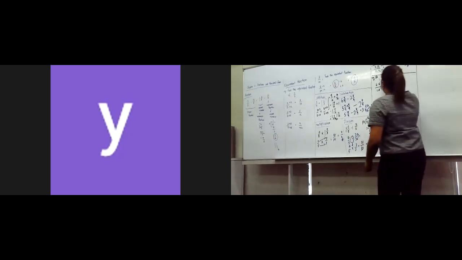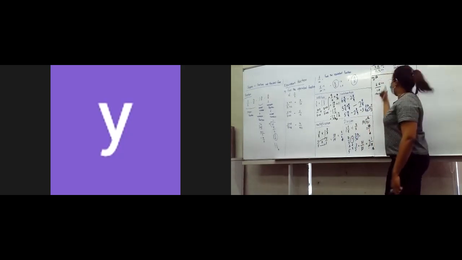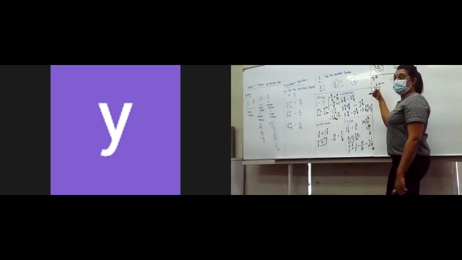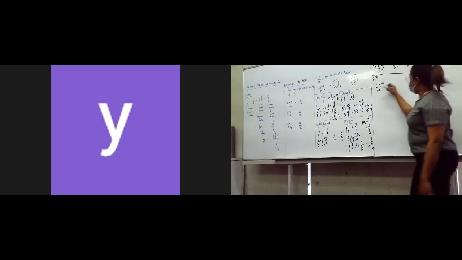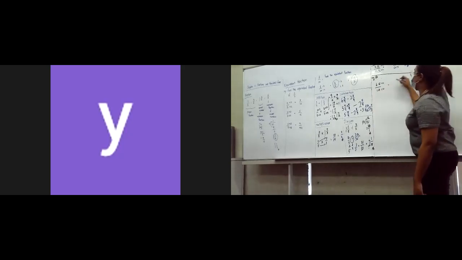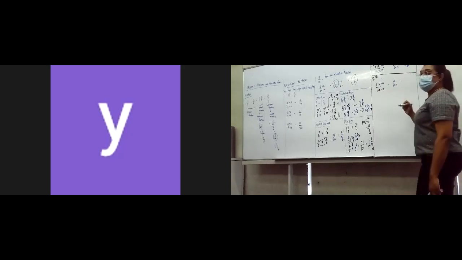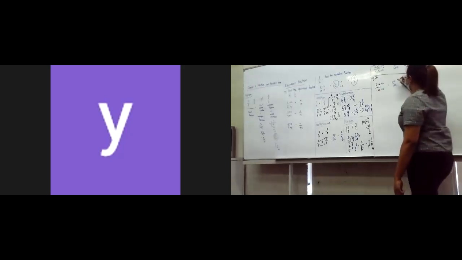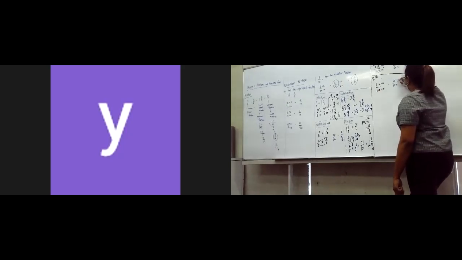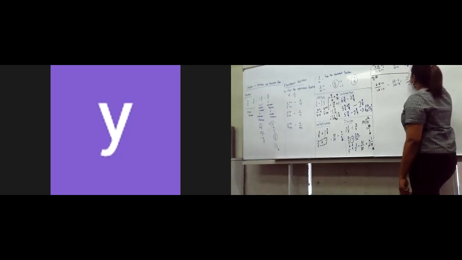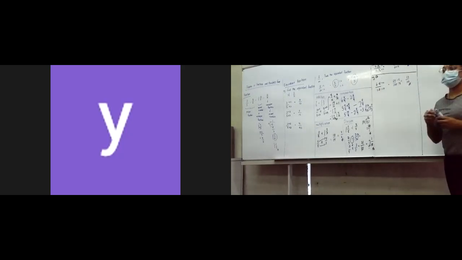So for this, you have to times 10 so that it becomes a whole number. So for this also, you have to times 10. You don't have a choice. So 65 over 100. Then you factorize it. 13 over 20. That will be the answer.